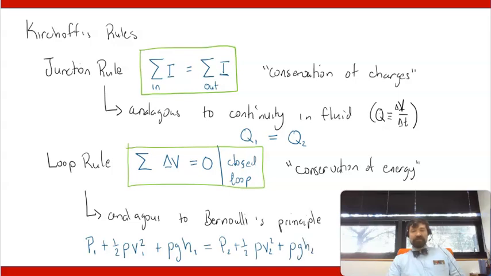I say basically kinetic energy, basically potential energy, and P is basically the work. Essentially, it's conservation of energy where you've divided the volume out of every term.